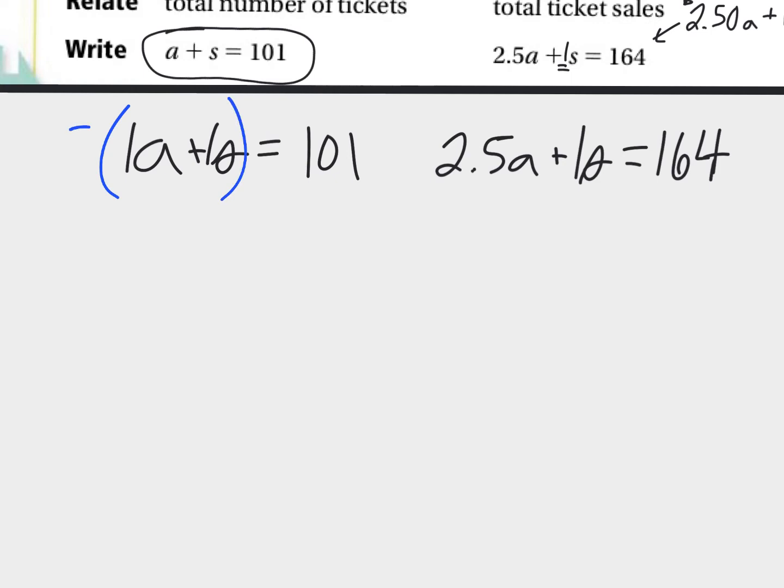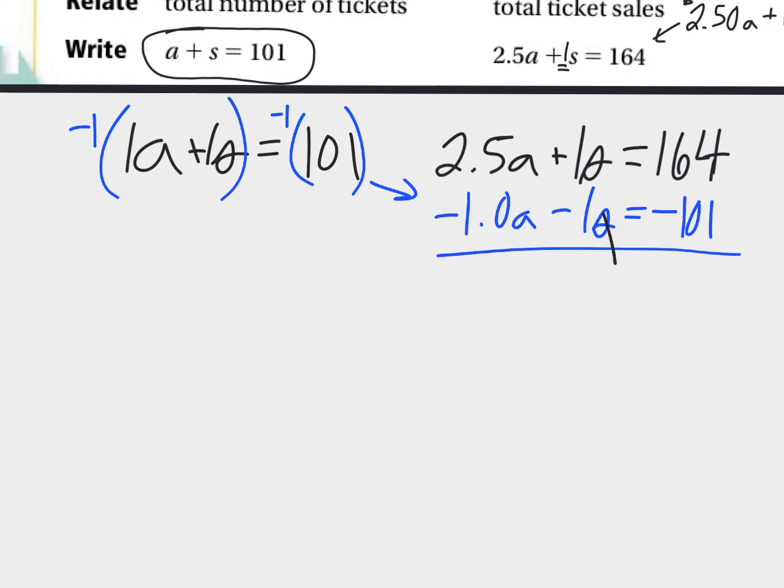So for this first equation, if you multiply both sides by -1, then we're going to have -1A. I'm going to put -1.0A just because the other one has a decimal. Minus 1S equals -101.